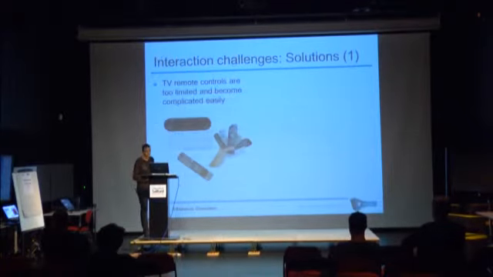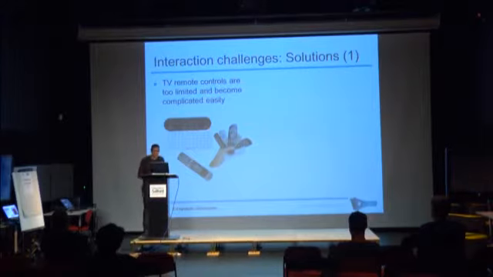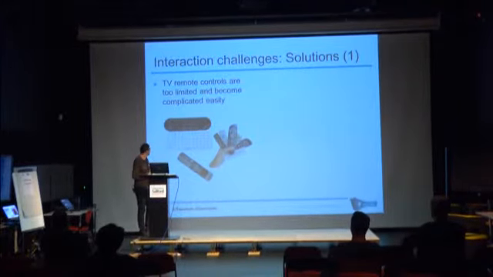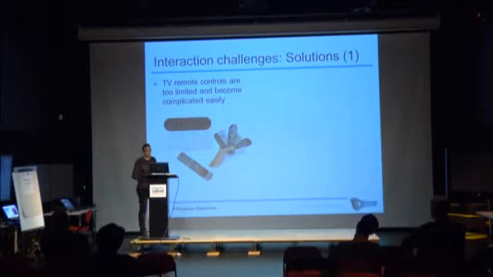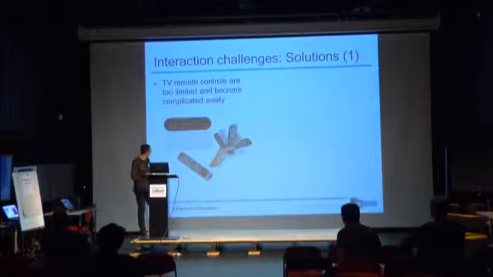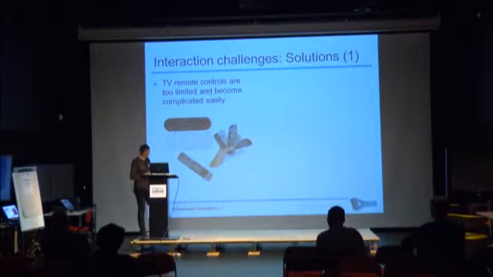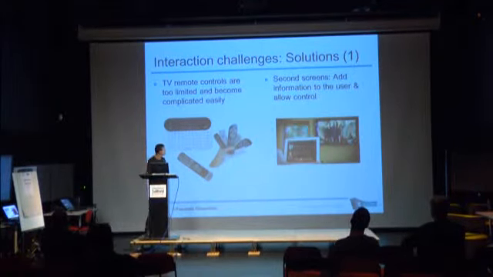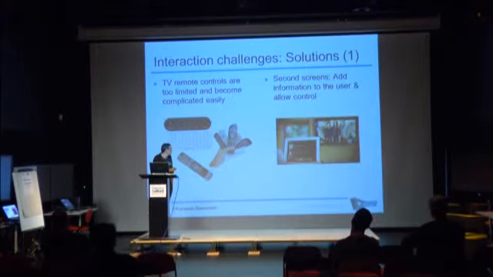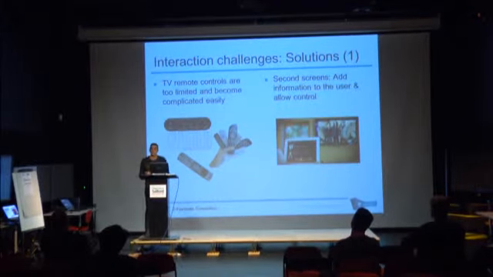And when we talk about gestures, as I said, if you want to do this kind of interaction with remote controls, they get complicated easily, or you end up with many remotes. You have one for changing channels, one to do the panning, the zooming, so that's a solution. It's not comfortable enough. Another solution is to use second screens. Of course, this is a very nice solution. I mean, now we are very used to having the phone in our hands.